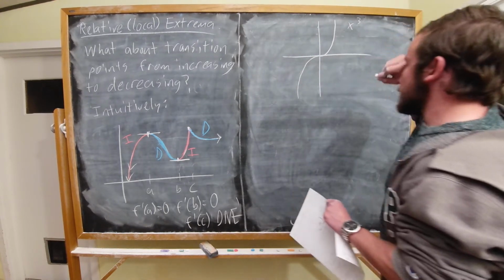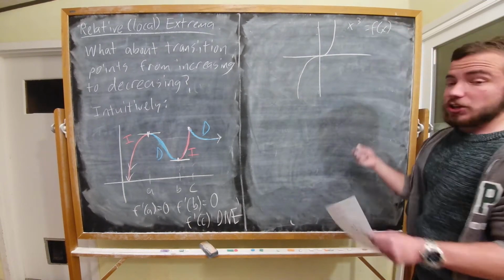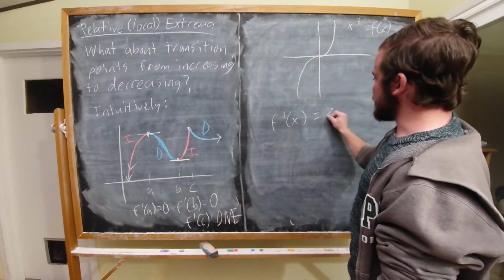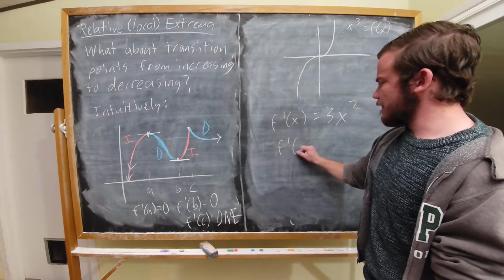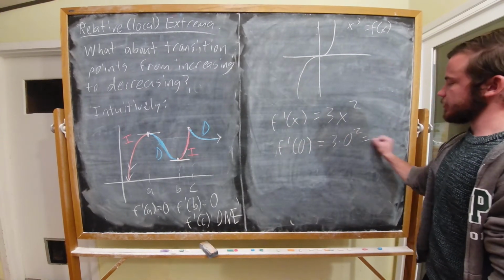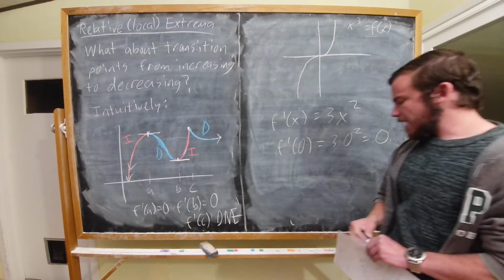There we go. Alright. If f of x is x cubed, then f prime of x is 3x squared. So let's notice that f prime of 0 would be 3 times 0 squared, also 0, right? And that makes sense, right?